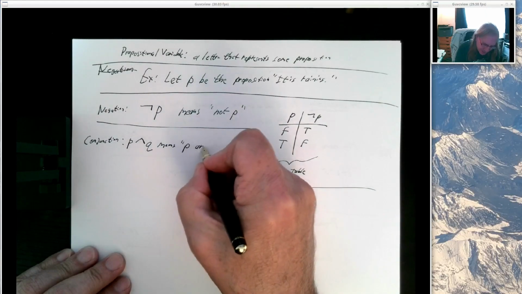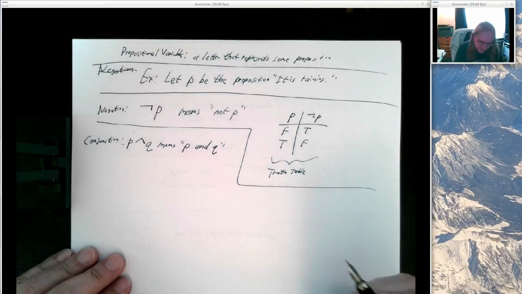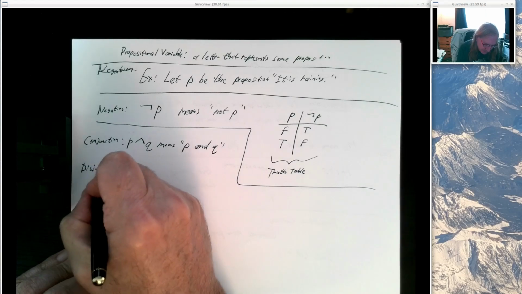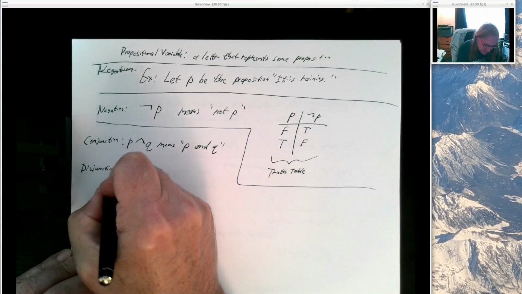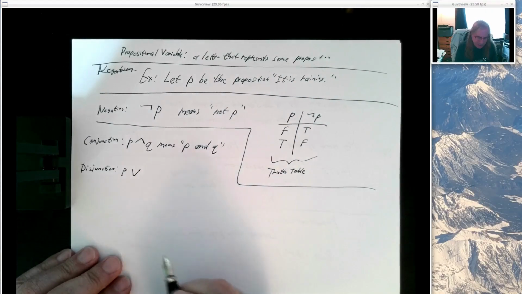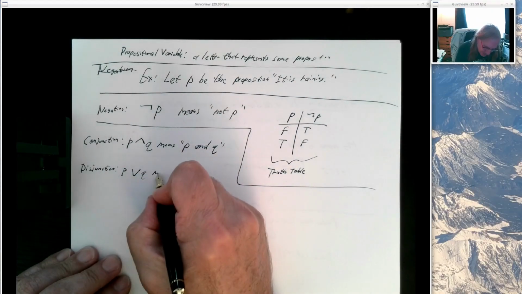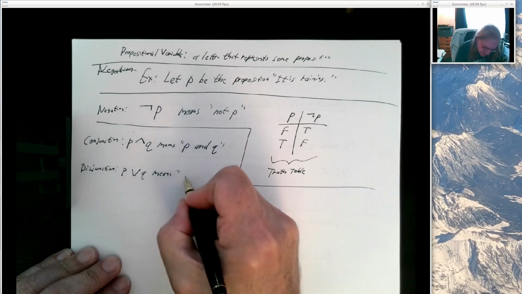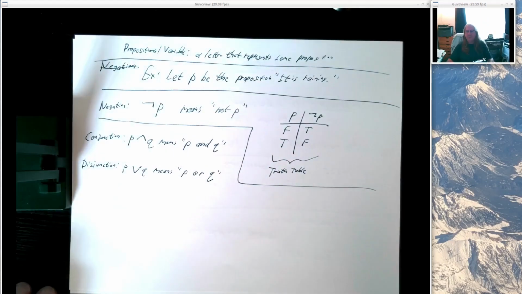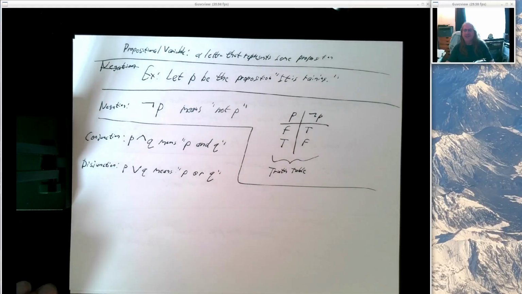It means P and Q. There's disjunction. And this is written by what's called a V. It looks like a V. And that means P or Q. So we have conjunction, disjunction, and negation.